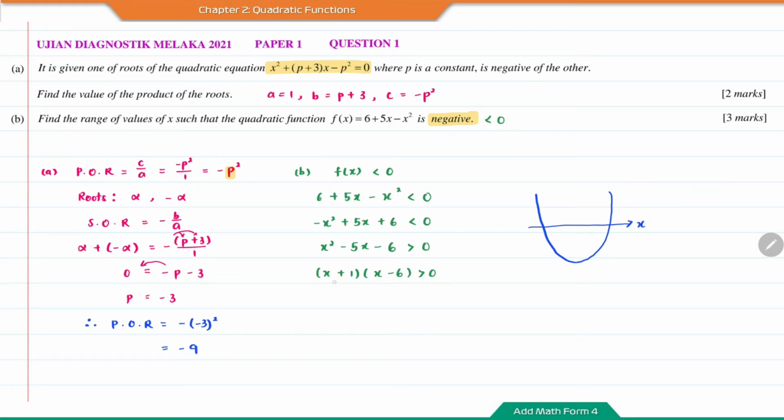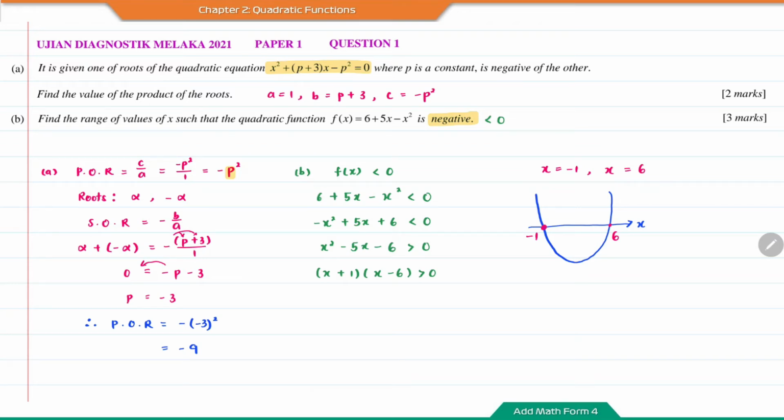When we let this quadratic inequality equal to 0, we're going to find that one of the roots is going to be -1, and the other root is going to be +6. So -1 will be on the left hand side and 6 will be on the right hand side.